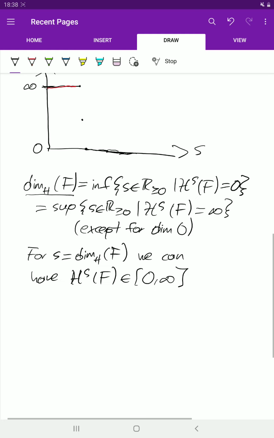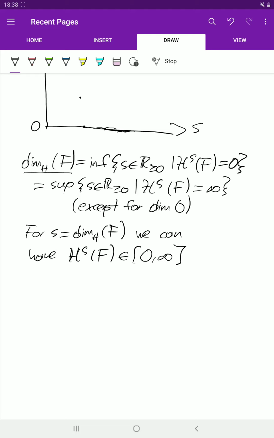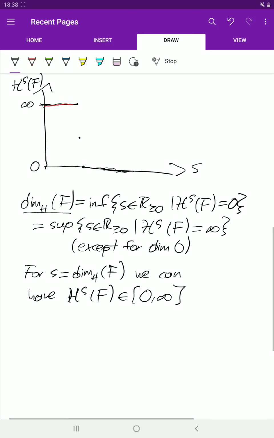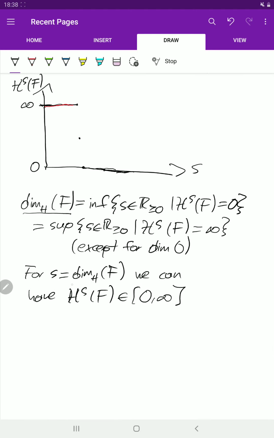So all these things can happen, and one has to find out what happens at the point of the dimension.